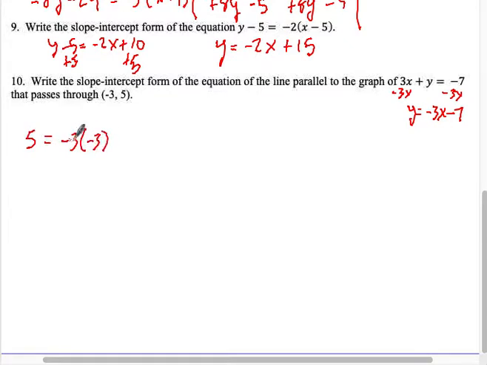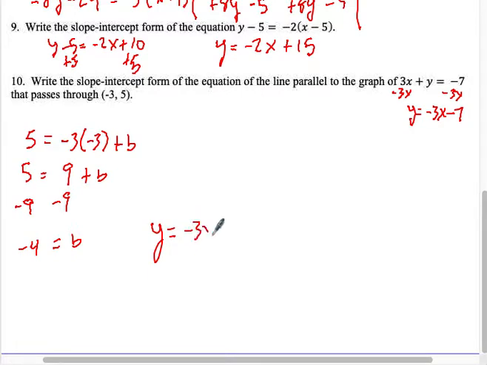That's y equals mx, and then I need to know the y-intercept, so plus b. 5 equals 9 plus b. So subtract 9, b equals negative 4. So my slope-intercept equation would be y equals negative 3x minus 4.